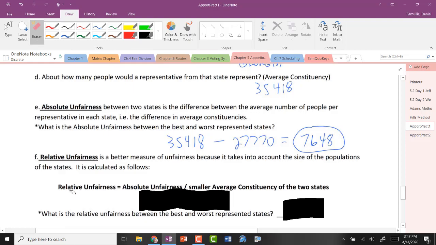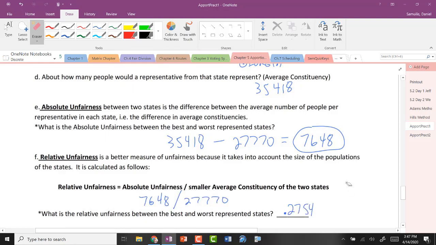And then what is the relative unfairness? All I have to do is read this simple little equation to figure out that one. So I'll give you a chance to calculate that. And we should have gotten 0.2754. I think the founding fathers used that to try to see what was happening between the states.